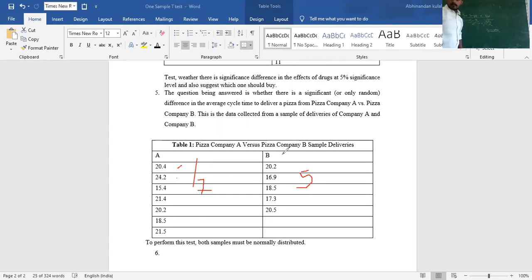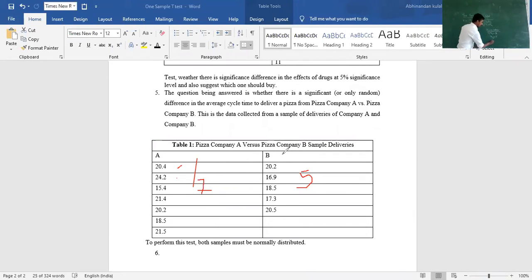So here, the given values are n1 is 7 and n2 is 5. And what are the required values?